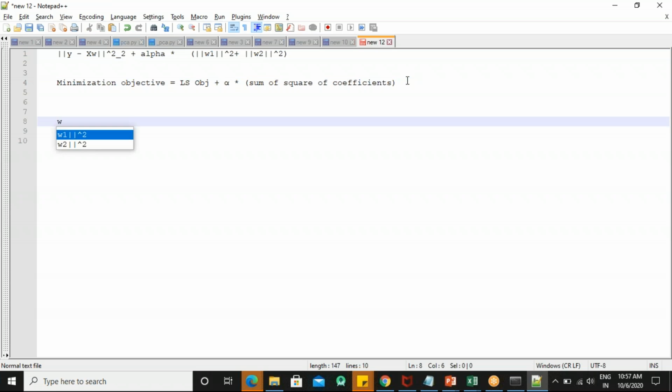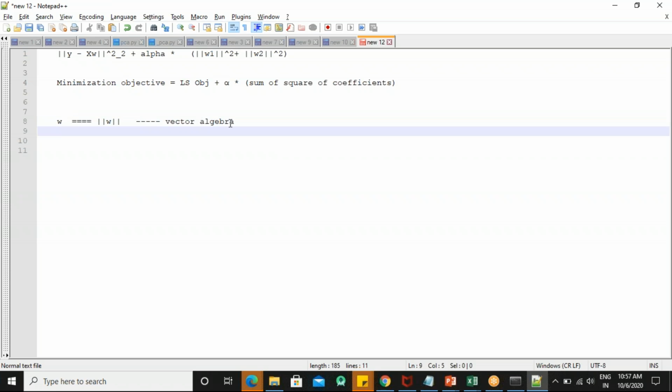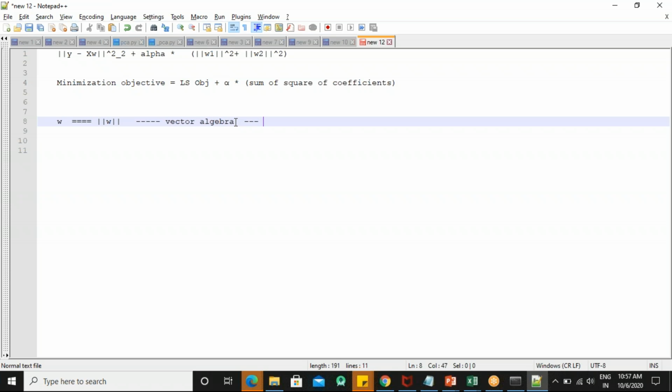If W is a vector, what does this represent? It's not absolute value, guys. Please study vector algebra. I don't know how you did support vector machine without vector algebra, because support vector machine internally uses vector algebra.